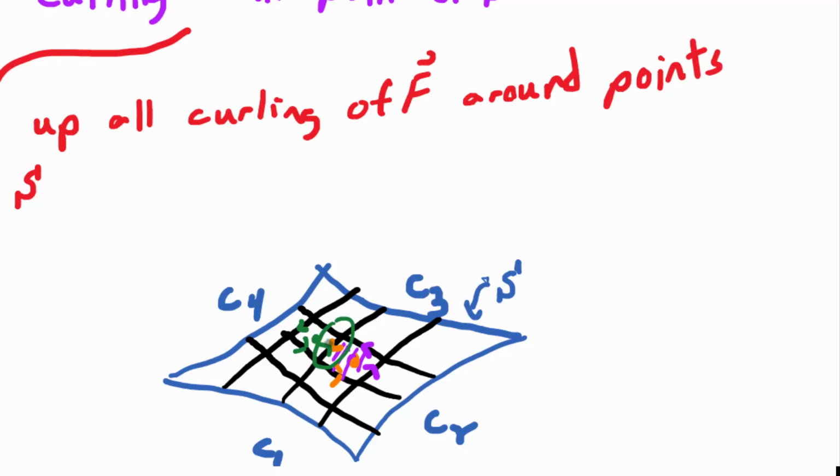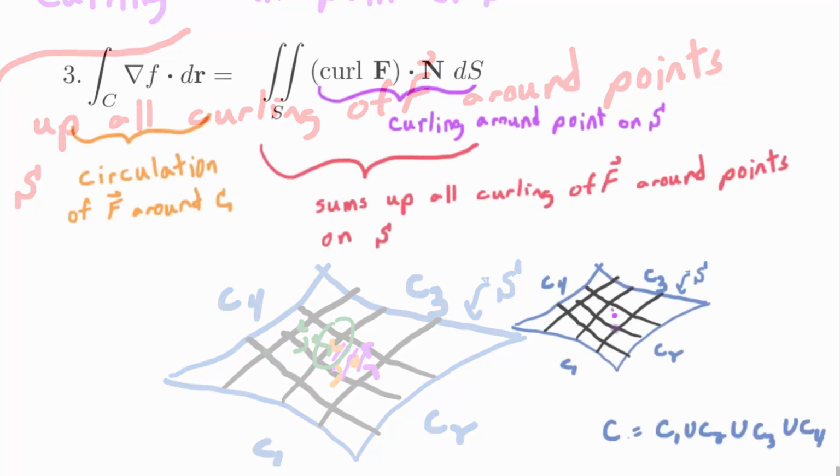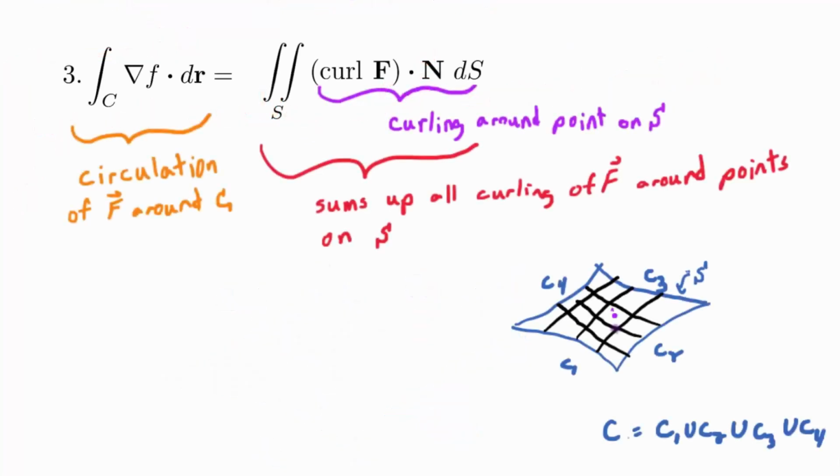And on any shared side on the interior of that grid, not on C1, C2, C3, or C4, you're going to get that kind of cancellation, which is why the circulation really only matters around the main curve on the outside, comprised of C1, C2, C3, and C4.